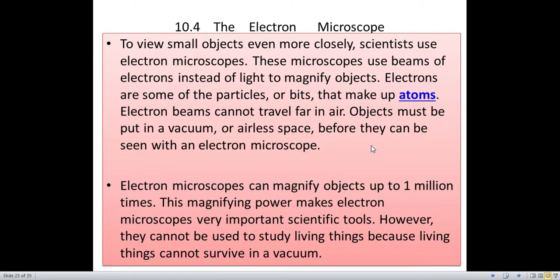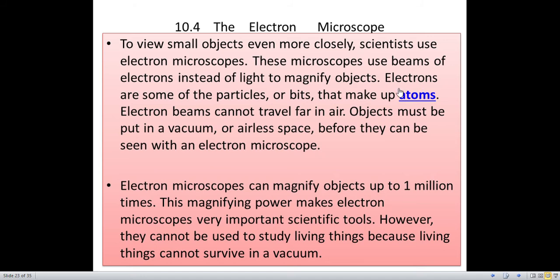We are going to discuss about the electron microscope. To view small objects even more closely, scientists use electron microscopes. These microscopes use beams of electrons instead of light to magnify objects, not like the compound microscope. There they use light. Here we use a beam of electrons.